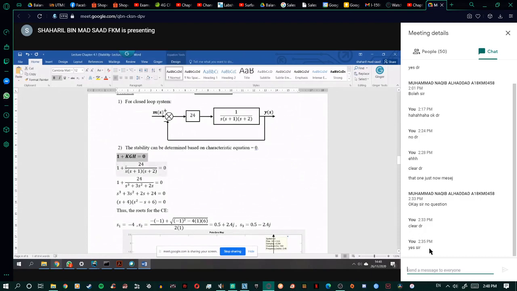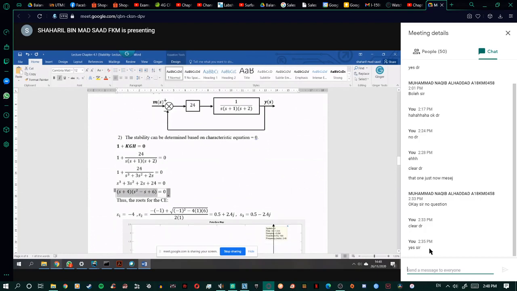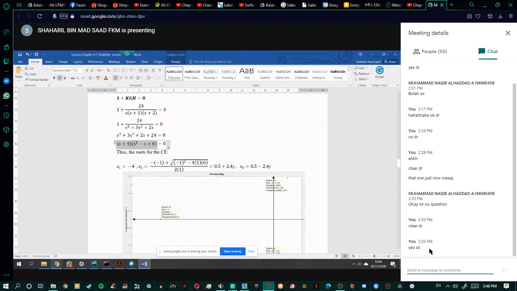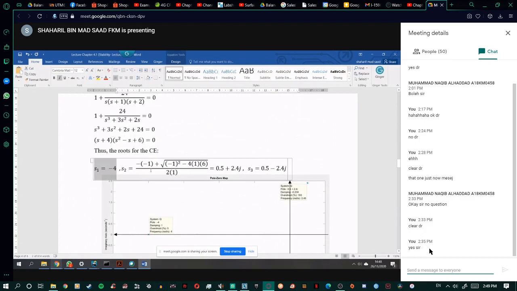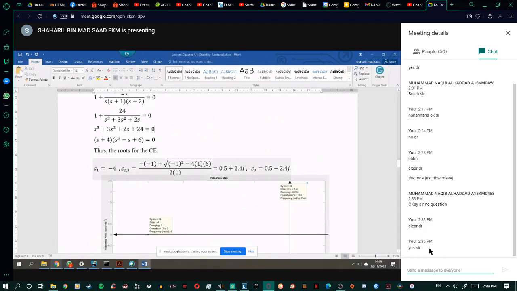So when you find this one, you will find the equation here, and from the equation you can find the roots. So this is root number 1, minus 4, and for root number 2 and 3, you get this one. Okay, roots s2 and s3 here.